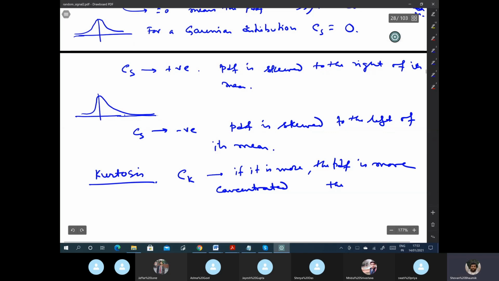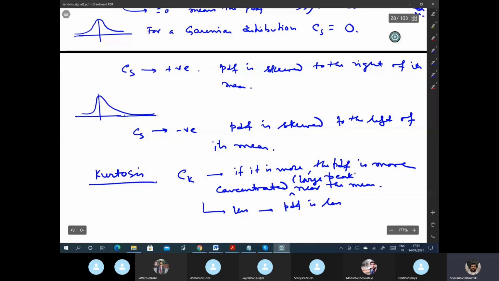If it is less, the PDF is less concentrated. More concentrated means a large peak. Less concentrated means a smaller peak over the mean. That's its physical interpretation.